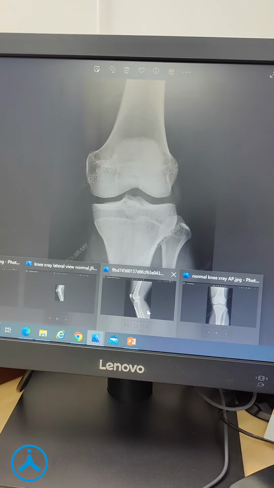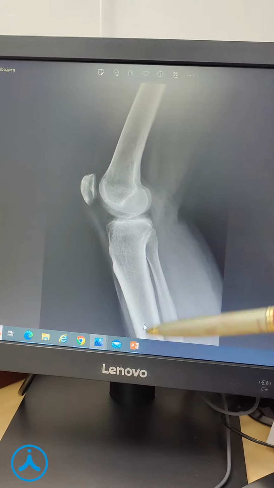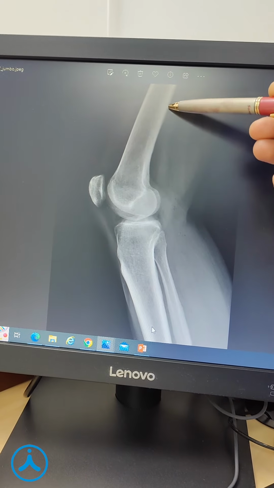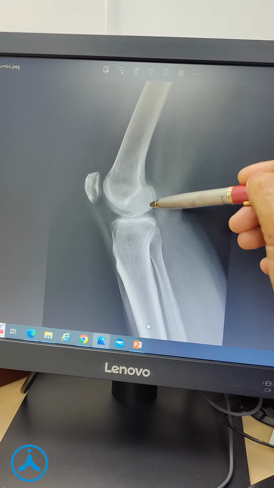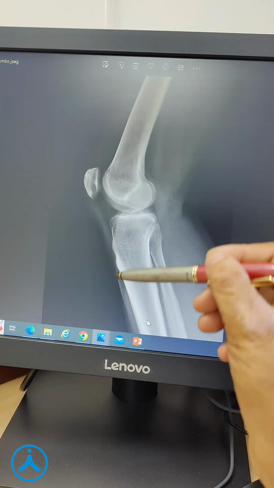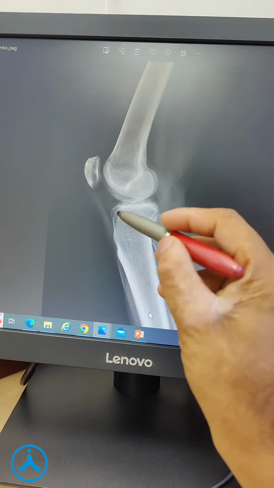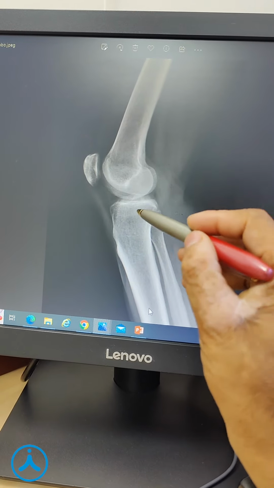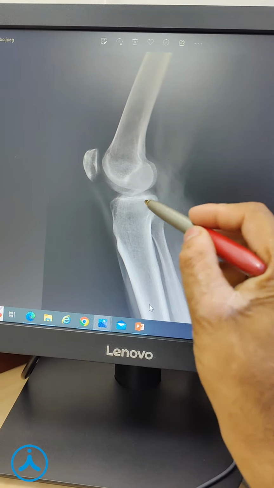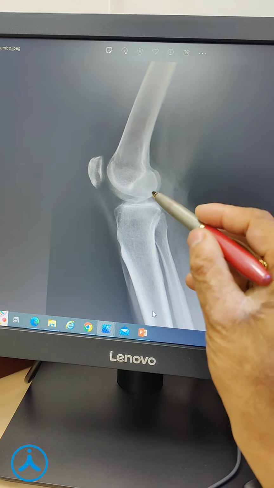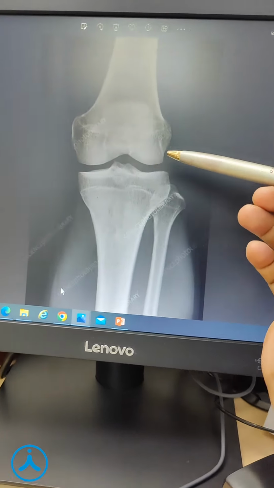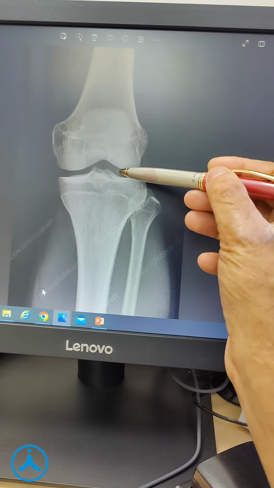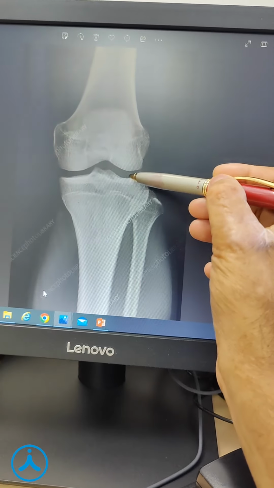Now if we talk about the lateral X-ray, here you can see this is the thigh, this is the shaft of the femur, this is the distal femur, medial and lateral condyle of the femur, this is the patella, and this is the proximal tibia, the proximal tibia posterior slope. So this is a normal lateral X-ray of the knee. As you can see here, there is a black gap between the femur and tibia.